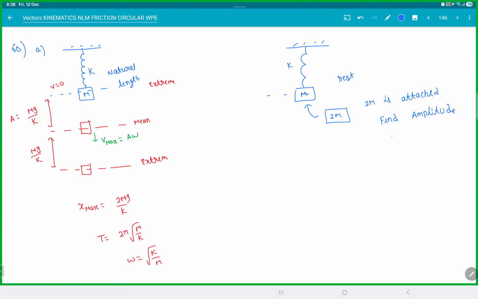I can find all that stuff again. Can you do it for this? It's a good one. You can think of it as work-energy, you can think of it as an SHM. So previous one I'm releasing from rest. Here it is already at rest. Then you attach the block.